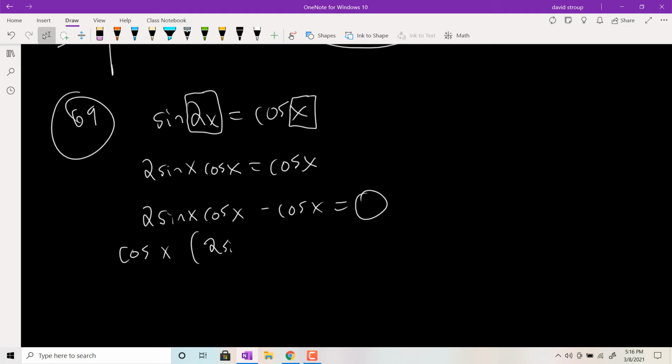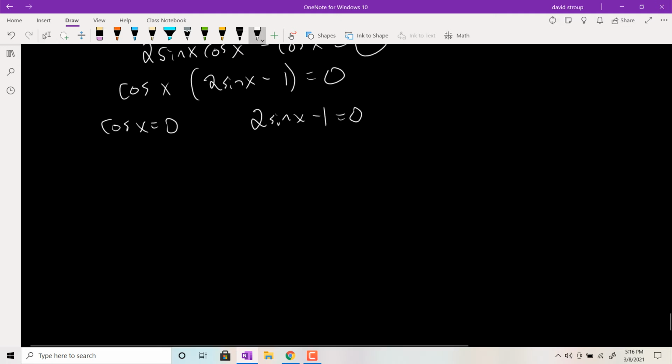We get cosine x times 2 sine x minus 1 equals 0, so cosine x is 0, and then 2 sine x minus 1 is 0. In the unit circle, we're thinking of x equals pi over 2, and then 3 pi over 2. And you can't add 2 pi to either one of those, or you'll go out of the range.